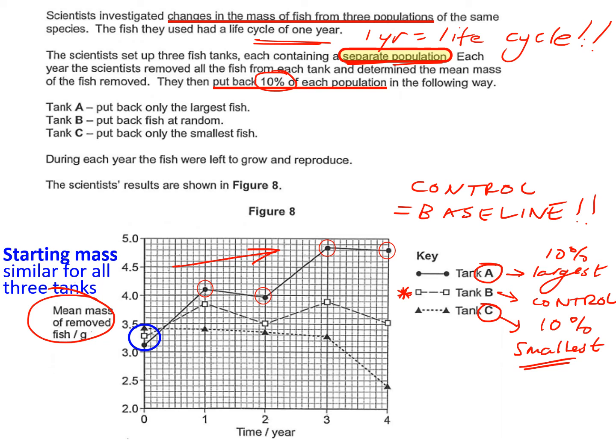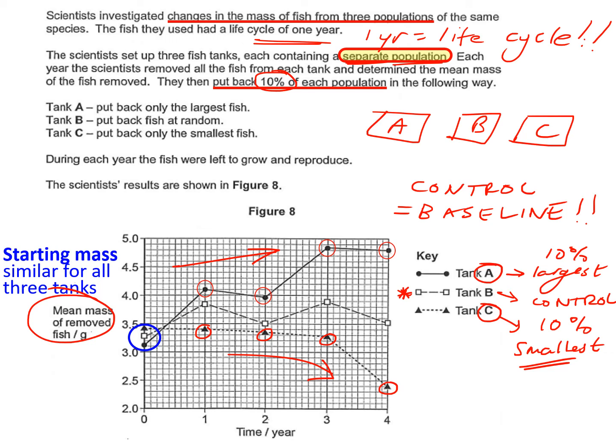Now, if you look at tank C, when the 10% smallest fish are put back, we can see over subsequent generations that the mean mass goes down. Now, each tank is separate. So tank A, we're only really looking at the largest fish being able to breed. Tank B is the control, and tank C, only the smallest fish are being selected for.